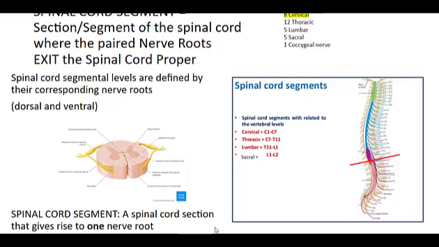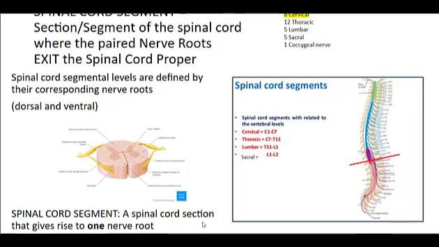So if we look at the spinal cord, we're reminded that the spinal cord section itself with the paired nerve roots, dorsal and ventral, is different than the corresponding vertebral level. This is going to be very important as we move forward, so we're going to pay special attention to that.